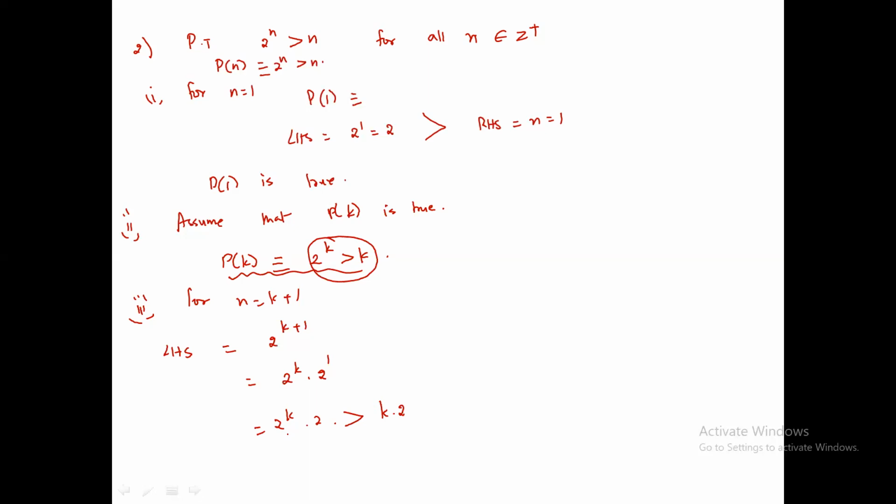I'm using that. So I'm saying 2 power k plus 1 is greater than 2k, or I'm saying 2 power k plus 1 is greater than k plus k. 2k I'm writing that. So I can say 2 power k plus 1 is greater than k plus, instead of this k, 1.